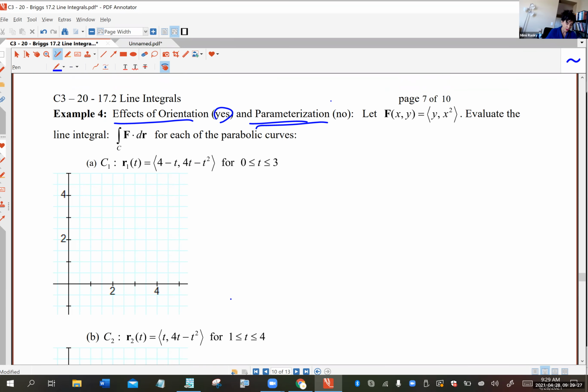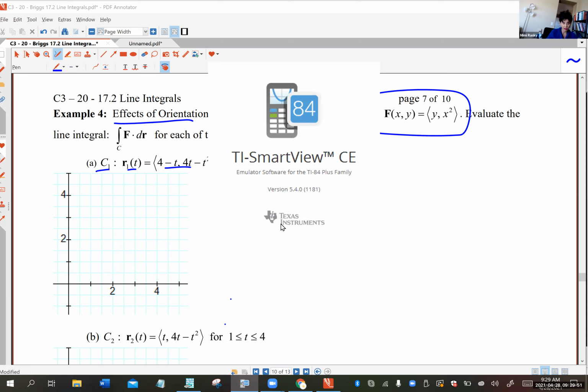Okay, so we're going to be given a vector field, and we're going to just work with a vector field for both of the problems, A and B, here on this page. So check out this first curve. Now, if you graph it, you can use your graphing calculator. Let me remind you that if it's a two-dimensional vector valued function, you can always go into parametric mode on your calculator and graph it.